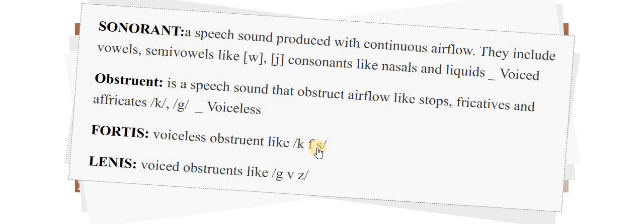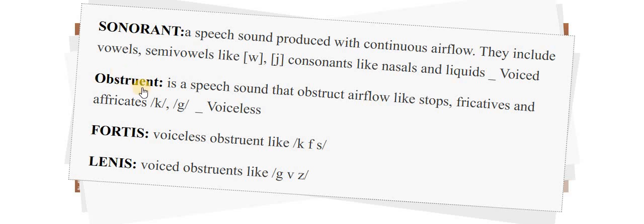As for the Lenis, they are voiced. Ga, va, and za make the vocal cords move. For every Fortis consonant, there is a corresponding Lenis consonant. Before I show you the two corresponding consonants, I need to tell you another term that's related to obstruents.